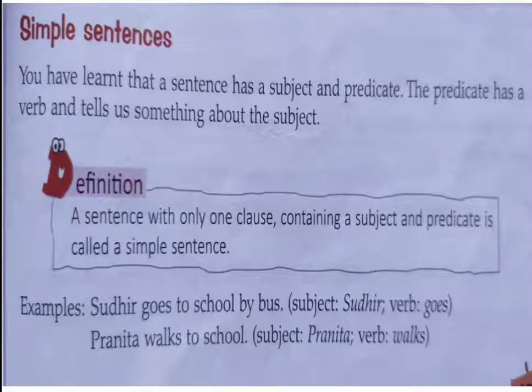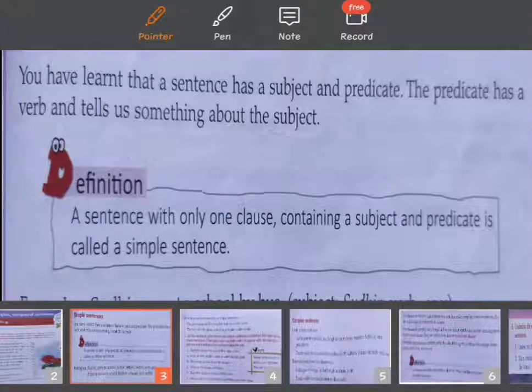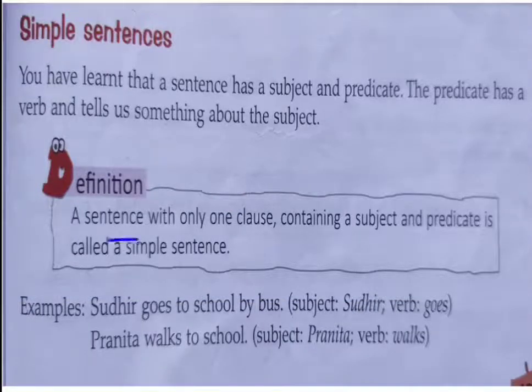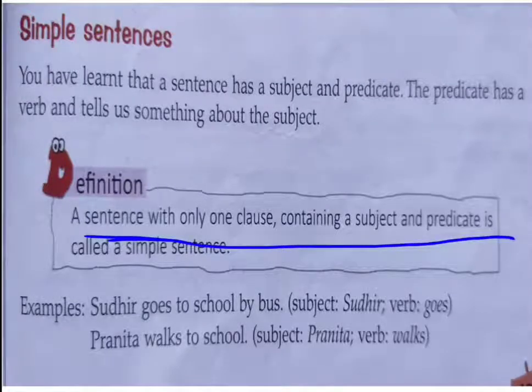Now, what's the definition of a simple sentence? A sentence with only one clause containing a subject and predicate is called a simple sentence. Only one clause will come, subject and predicate both, so it's known as a simple sentence.